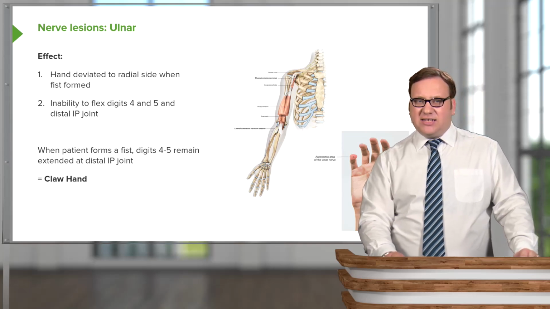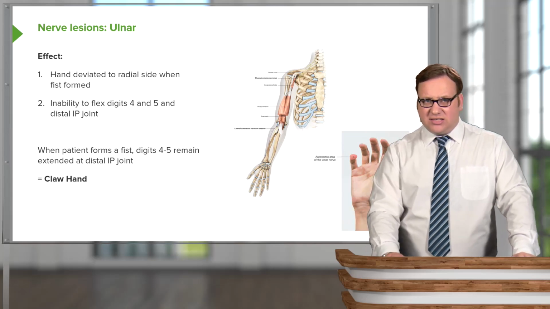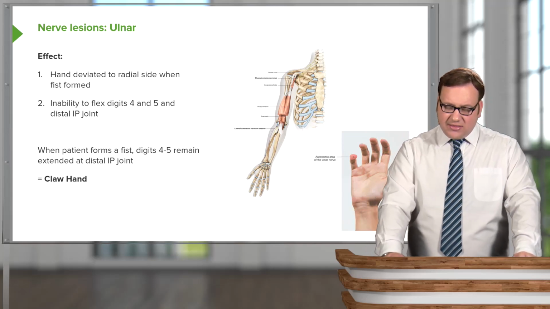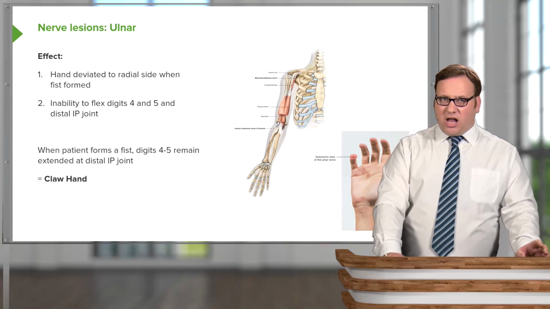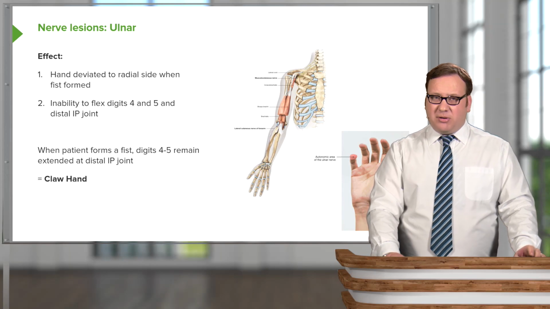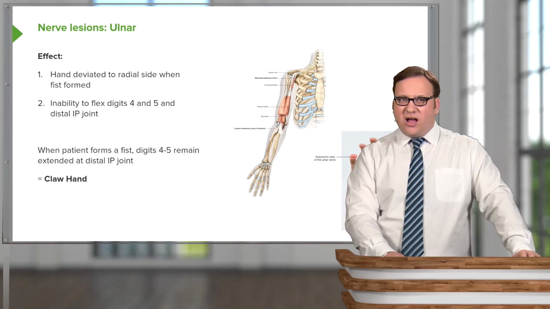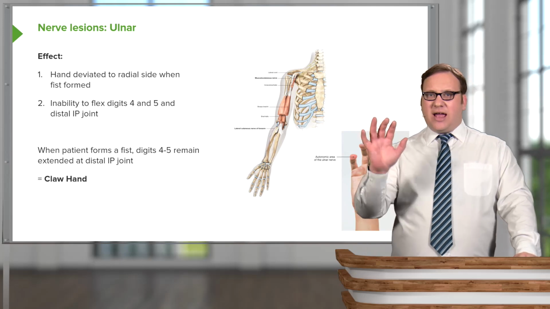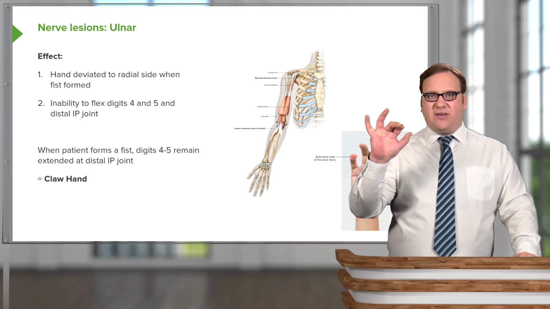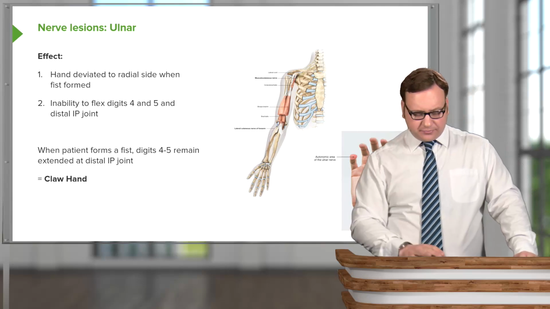You'll also have an inability to flex fingers 4 and 5 at the distal interphalangeal joints, which are supplied by the ulnar belly of flexor digitorum profundus, the ulnar nerve supplying the bellies to these digits. So this time, when a patient forms a fist, digits 4 and 5 remain extended at the distal interphalangeal joint, yet the remaining fingers are flexed, and you have what's known as claw hand.